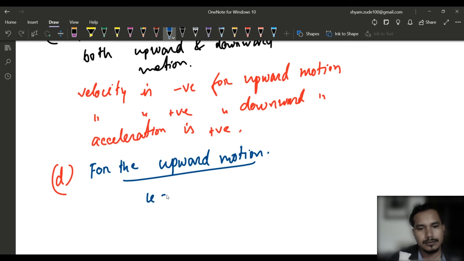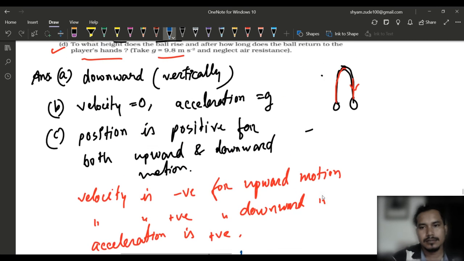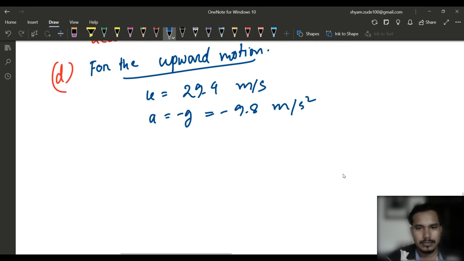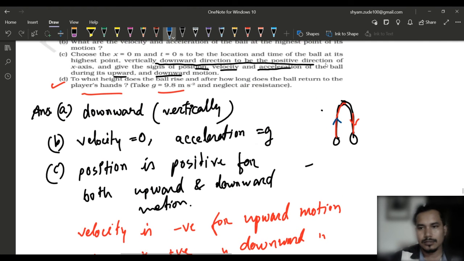Initial velocity u is equal to 29.4 meter per second, and acceleration a is equal to minus g, equal to minus 9.8 meter per second square. Why negative? Because when it goes upward, its velocity decreases, so retardation occurs here. Final velocity is 0, because at the topmost point it stops.